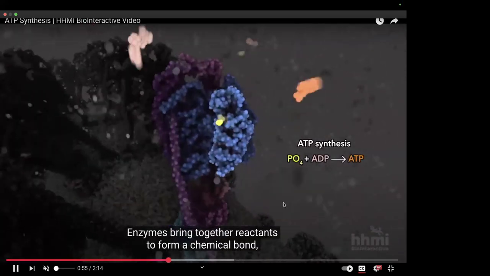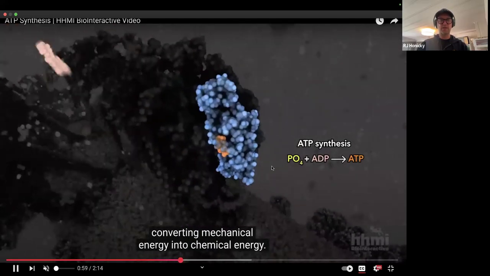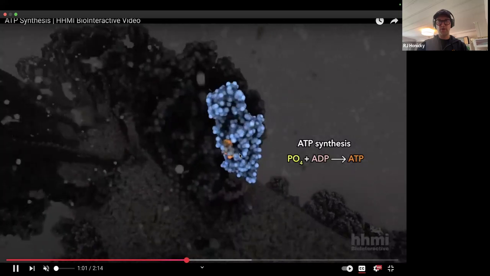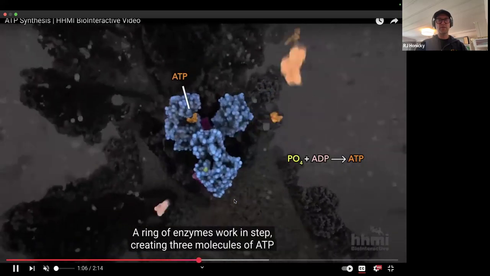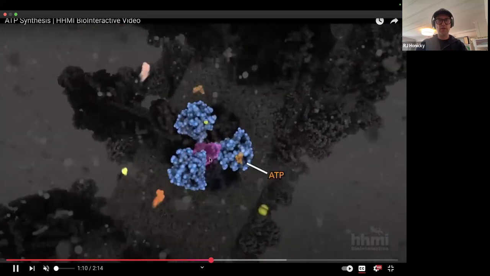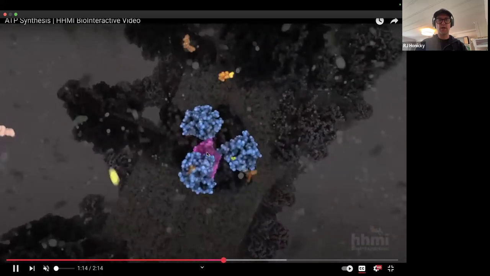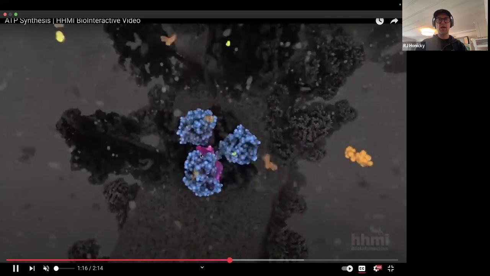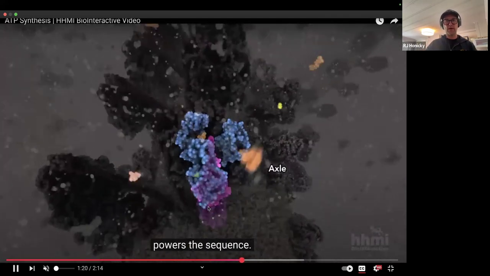Oh, that's okay. The important thing here is that these are ATPs going into here, and this is all just a bunch of proteins together. You can see this thing turning in here, and there's actually literally an electric motor, down at the bottom.